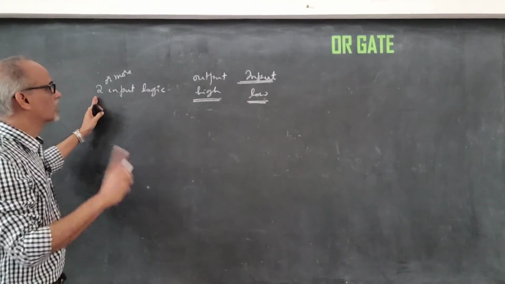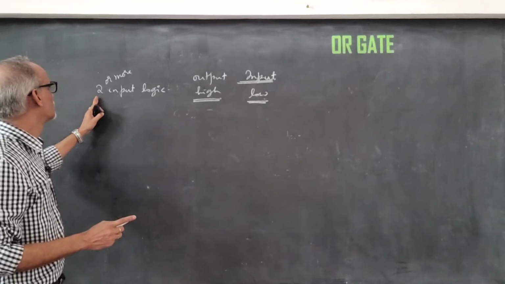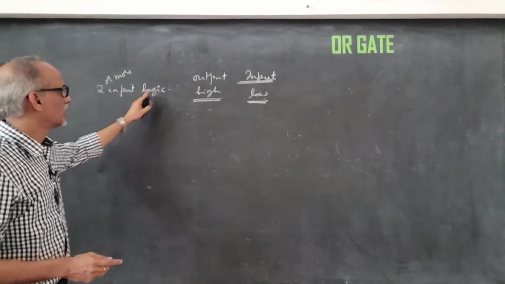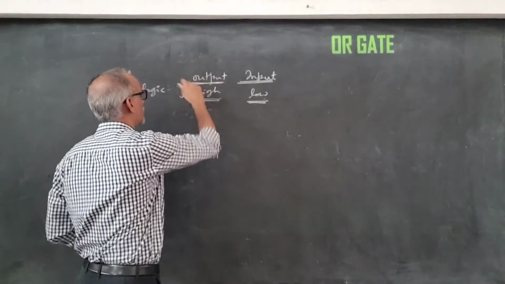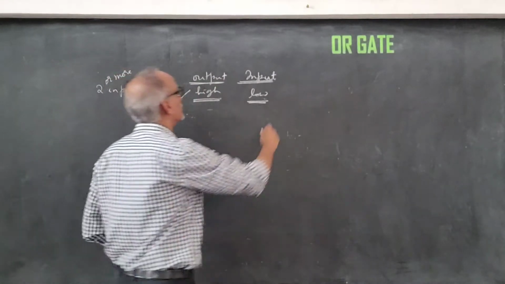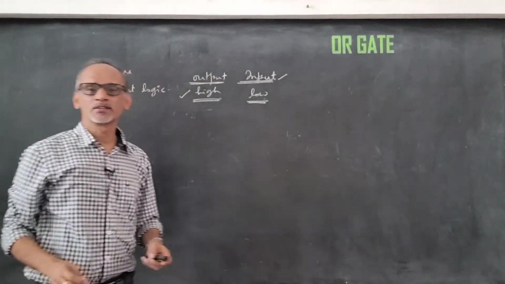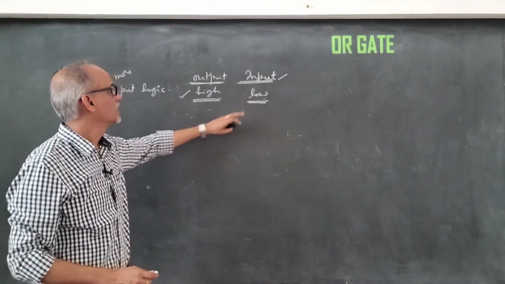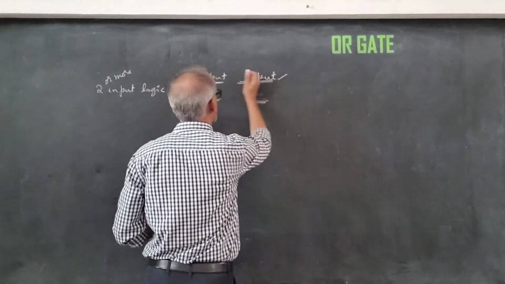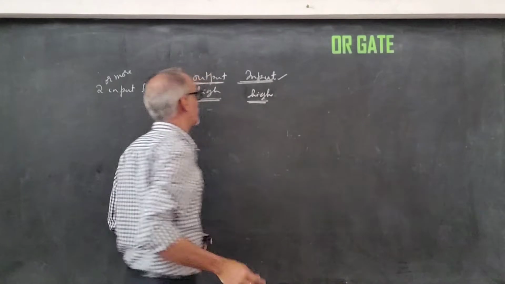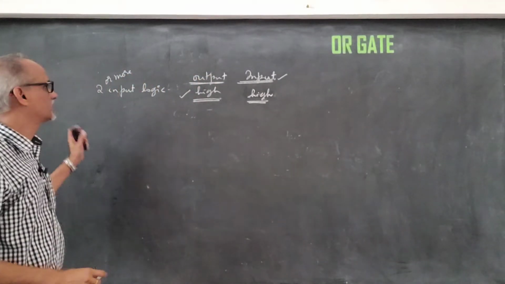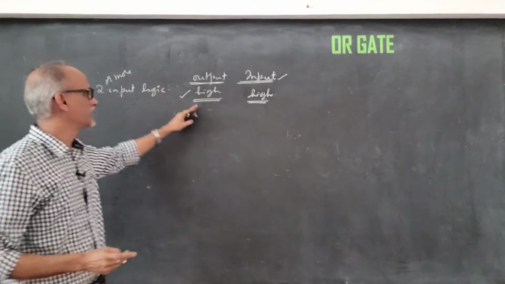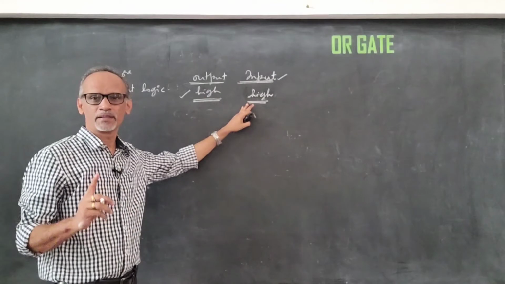Sorry, that is wrong. The OR gate is a logic gate in which there are 2 or more inputs, in which the output is high when any one, either A or B, is high. Whenever its input is high, not low. Such a gate is called an OR gate. So let me repeat, an OR gate is a 2 or more input logic gate whose output is high when any one of the inputs is high.